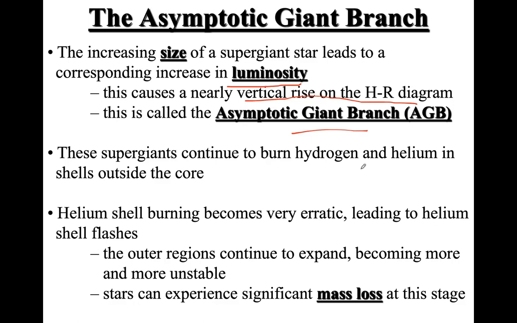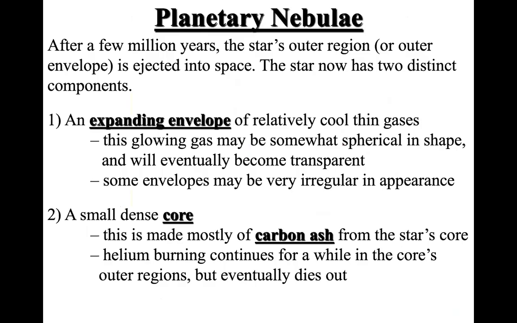Now what I have shown here is what happens in this outer shell, right? So it will continue to expand and become larger and larger. Now after a few million years, remember this does not happen within 1 or 2 days, but after a few million years, this outer region of the star will be ejected into space.